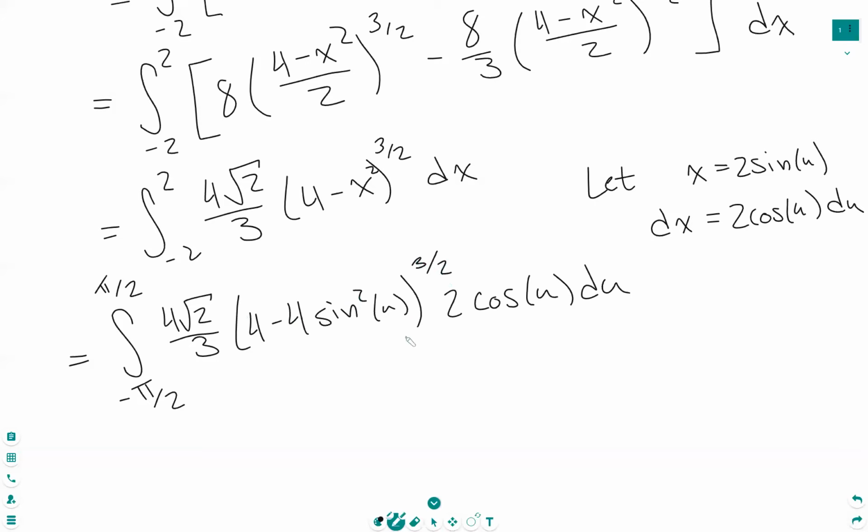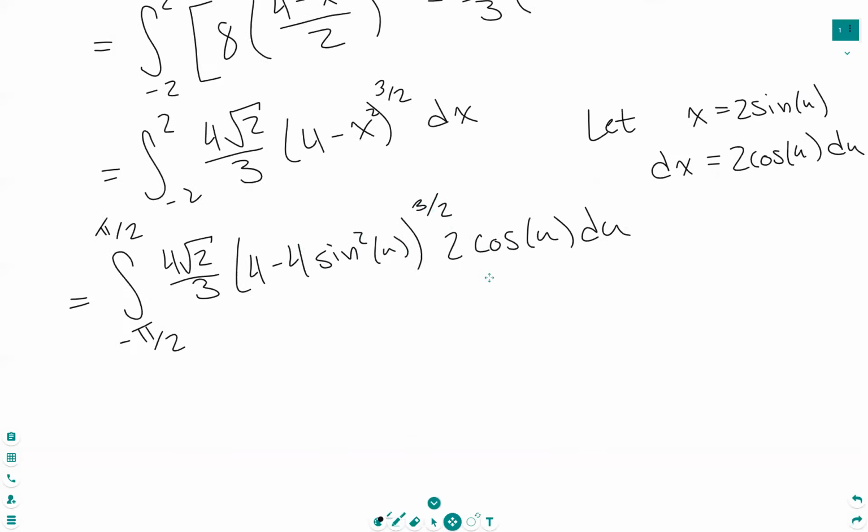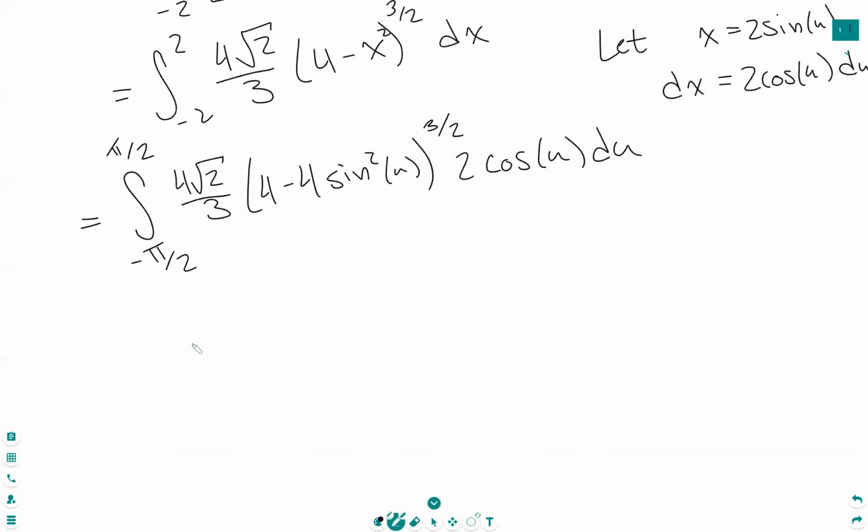So this ultimately becomes, we pull out the 4, it gets hit by this 3/2 power, but then we have a cosine cubed times a cosine here, and then you do a bunch of double angle formulas. That's kind of lengthy, but what you ultimately get is 8 pi over root 2.